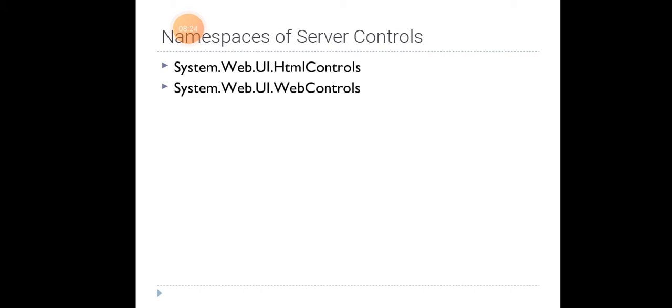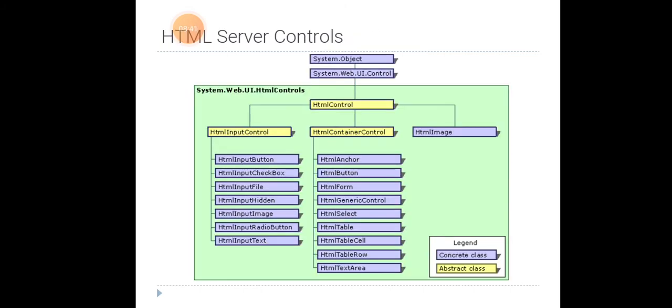System.Web.UI is common for all the controls. If you are using HTML controls, we just inherit the HtmlControl class, while for web server controls, we just inherit the WebControl class. Okay, got it, students?